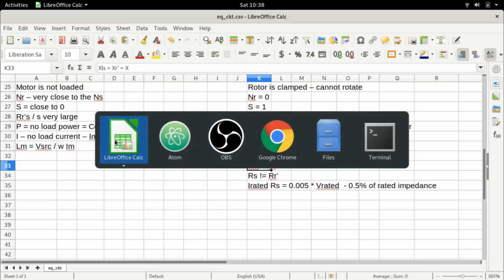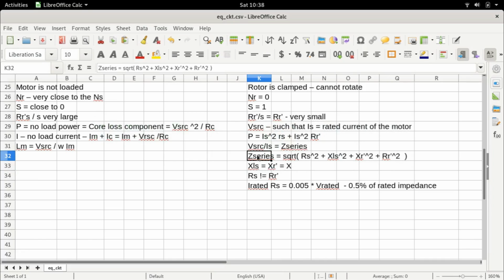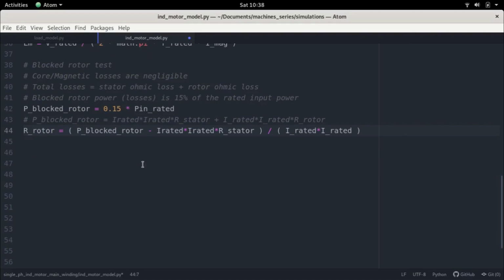So that means, actually let's come back here, we can use this, calculate this approximation. So first let's calculate Z series. So if we come out here, we can say series impedance, and let's say Z series, and let's put a block at the end so that I know what I'm calculating.